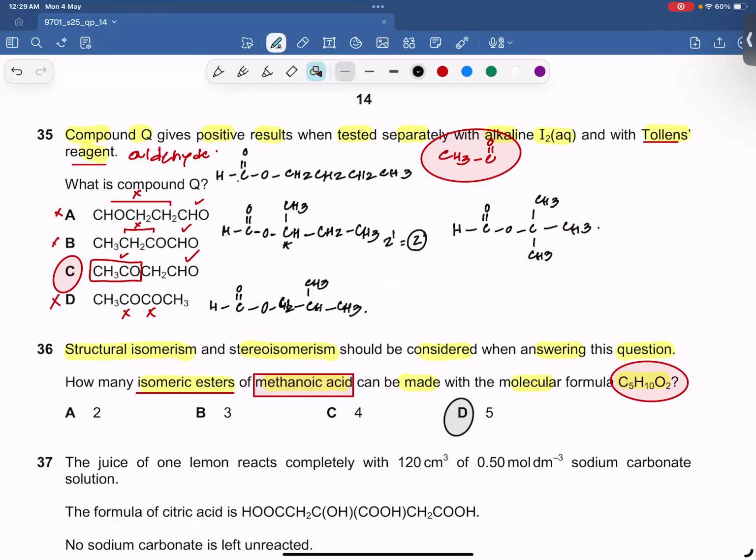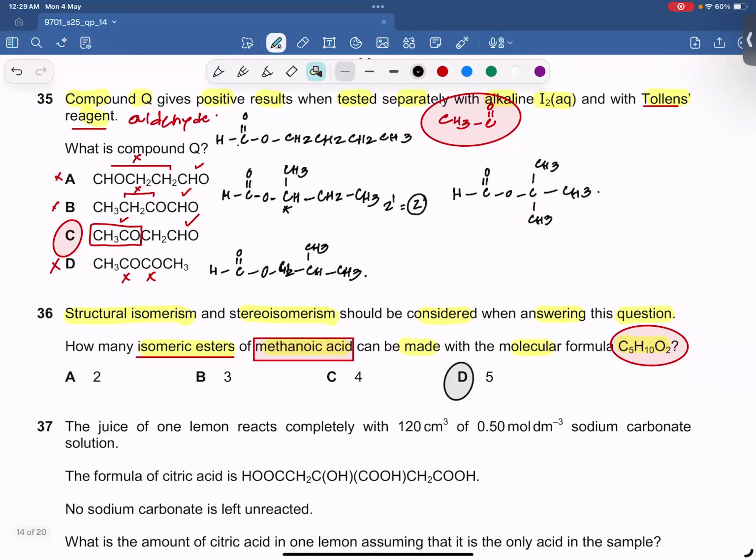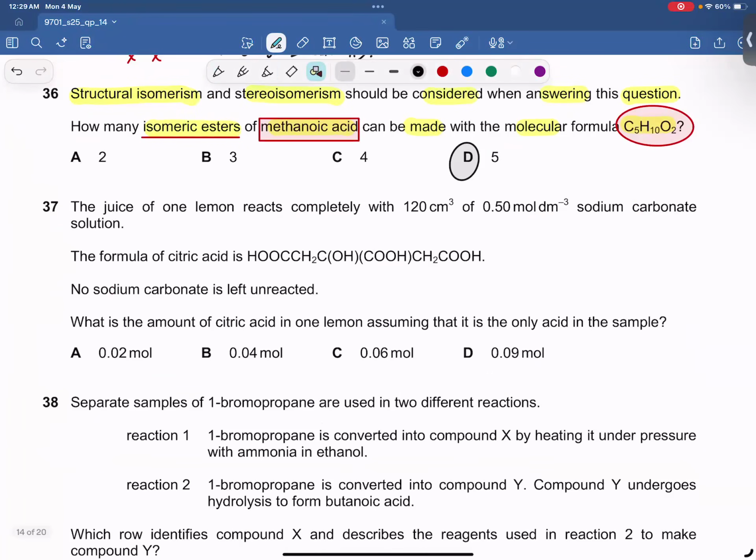Okay, question 37. The juice of one lemon reacts completely with 120 cm cube of 0.5 mole per dm cube sodium carbonate solution.